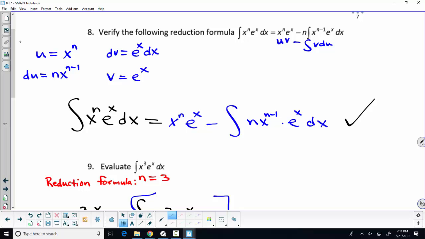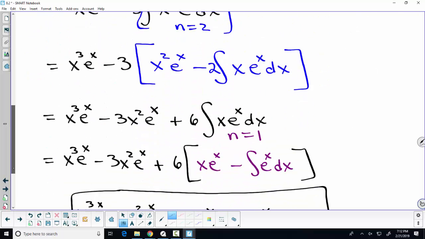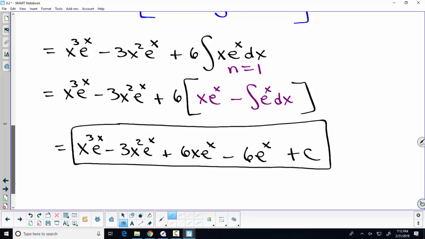I guess they could be used there as well. Honestly, I think integration by parts and tabular integration is much easier than trying to remember all of these reduction formulas anyways. So use your discretion. Any other questions about that?